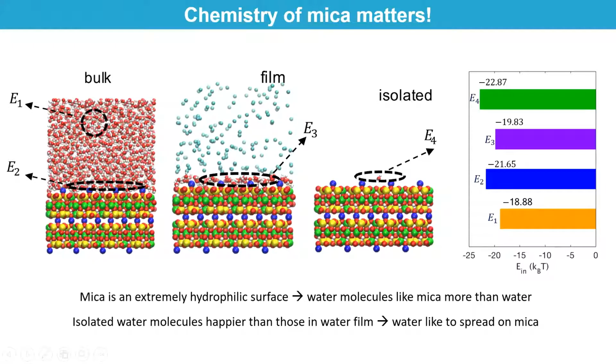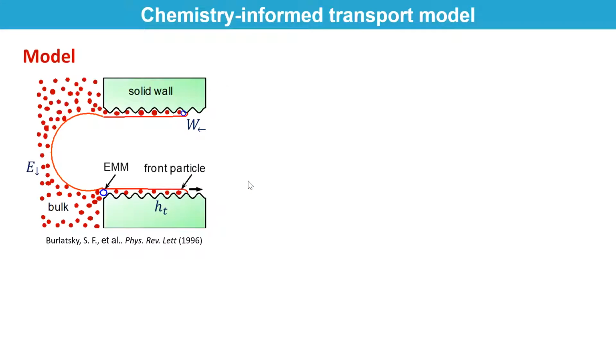What this means is that a water molecule will have the tendency to jump away from this water layer or water film, so that it could reach an even lower energetic state, which is oftentimes favored. So now we can say that the chemistry of mica can play an important role in the formation of this phenomenon, and that is surface hydration.